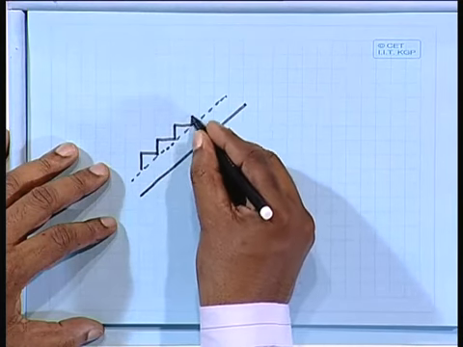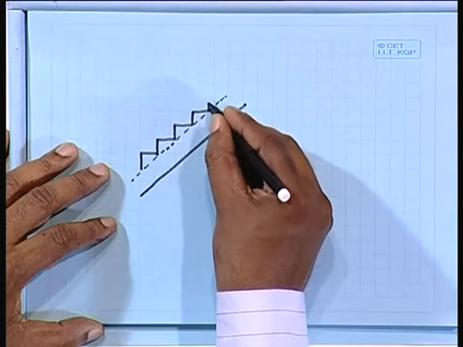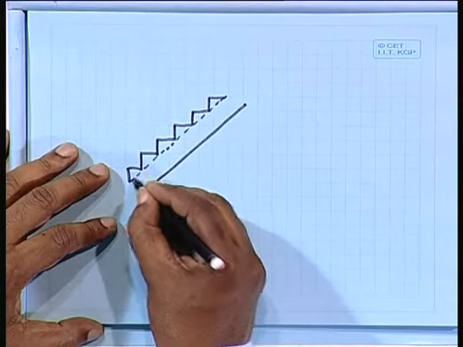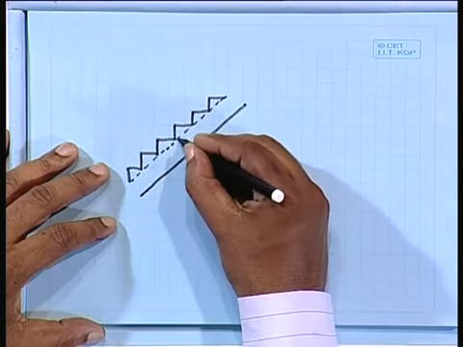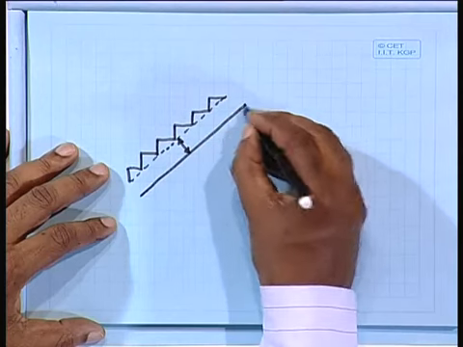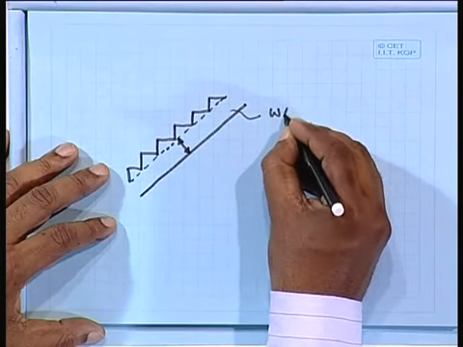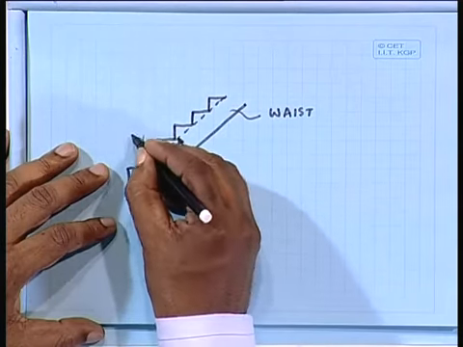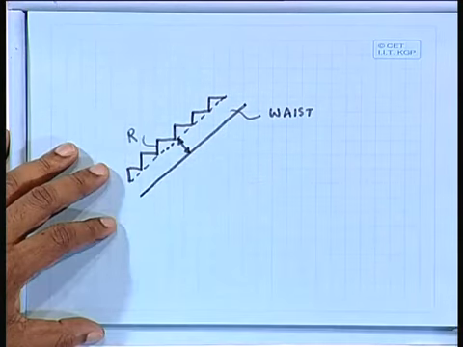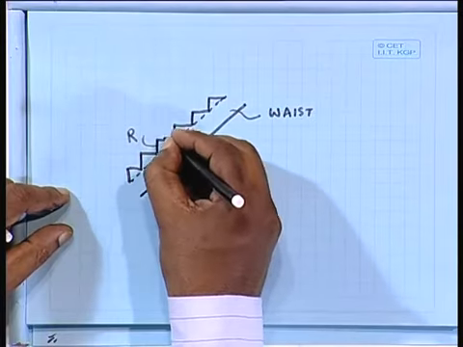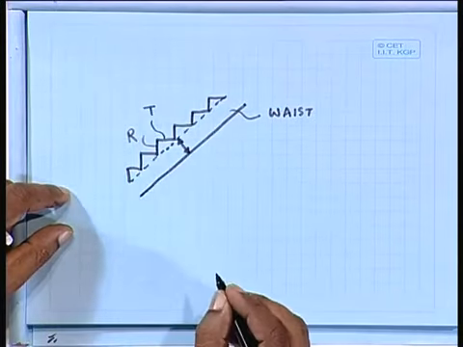So what we have to do is design. What about this depth? This is called waist. There are two things. One is called rise, R, and this is called tread.